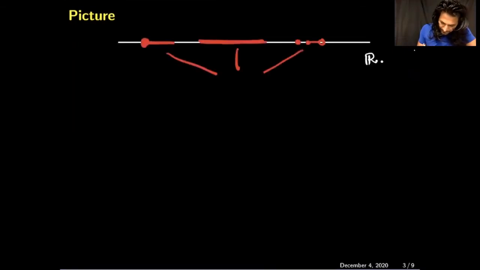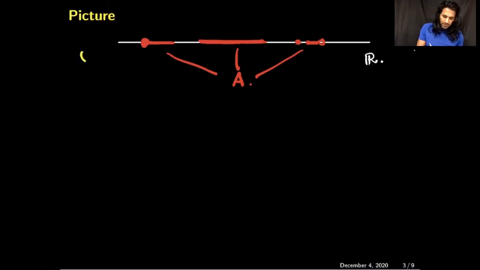Next, I will give you the picture of how you can view the supremum and the infimum on a diagram. In red, I plot my set on the real line. First we will plot all the lower bounds and the upper bounds.